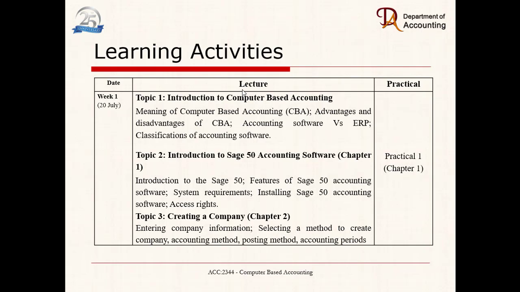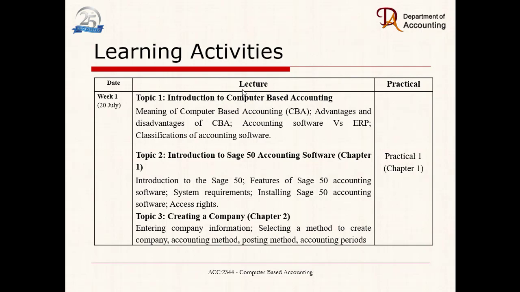So those aspects have to be set, whether it is real time or a kind of batch processing, things as such. And also the accounting period. So you have to set the accounting period. Usually it is 12 months, but Sage 50 will offer you the option to set a period other than 12 months.